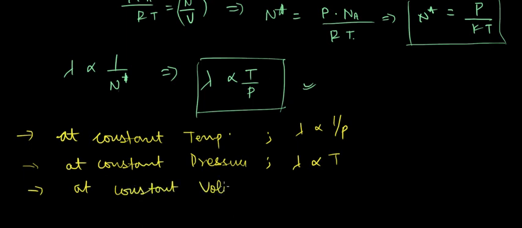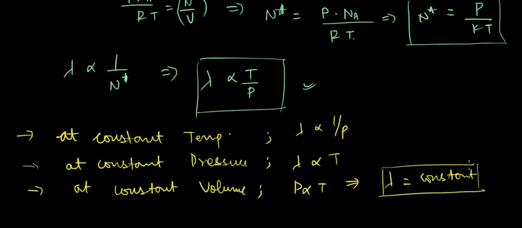At constant volume, P is directly proportional to T. This implies lambda would be constant.